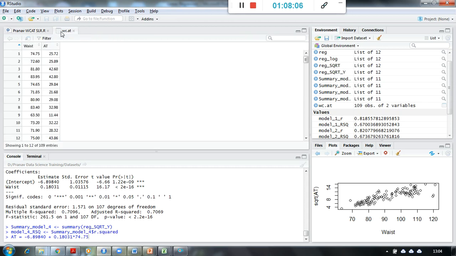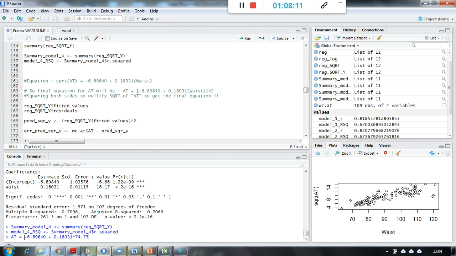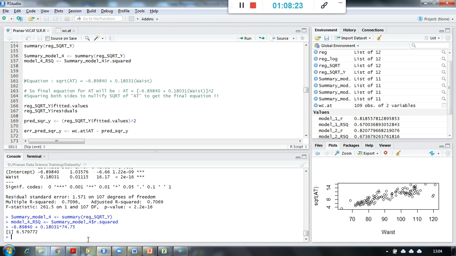This is our first input, right? So I am not storing this value, otherwise we will get into trouble like I got when we did it the first time. So let us check the value. Now can it be the ad value, 6.57?